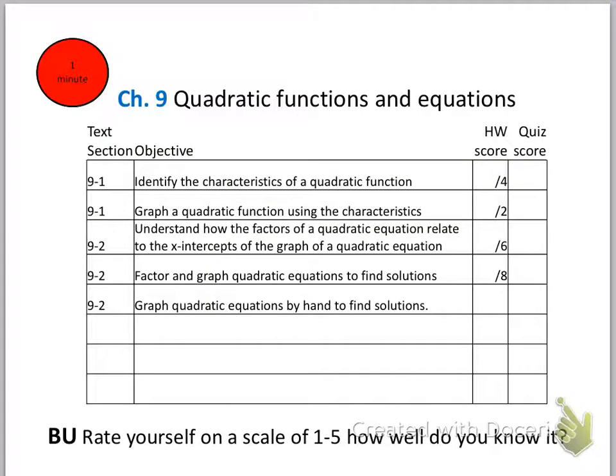So here's the goal for today, Chapter 9-2. We're going to graph quadratic equations by hand to find solutions.